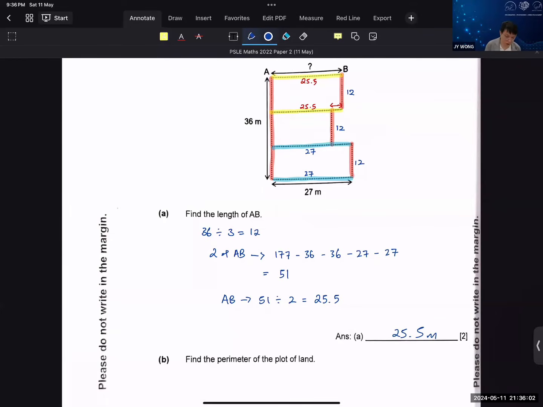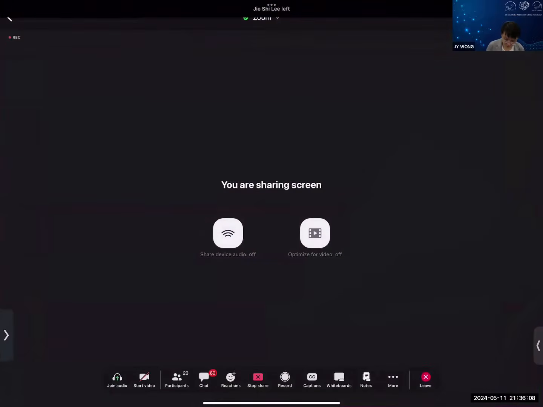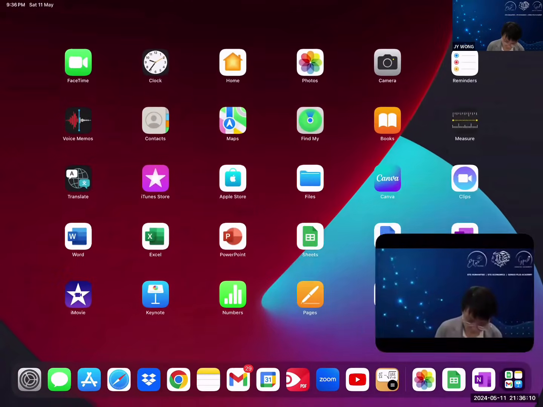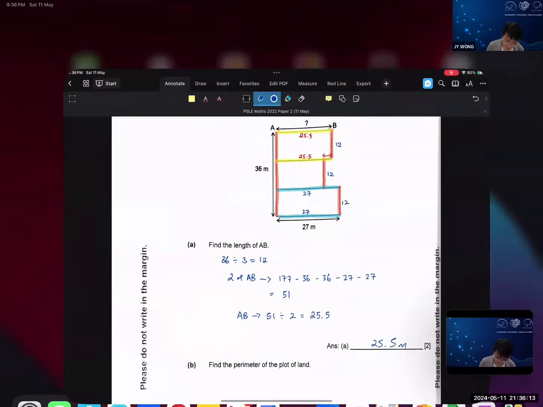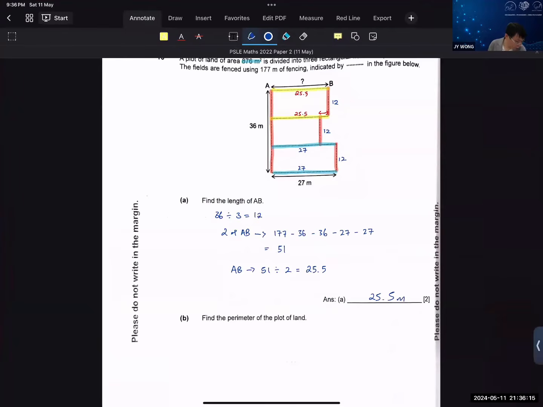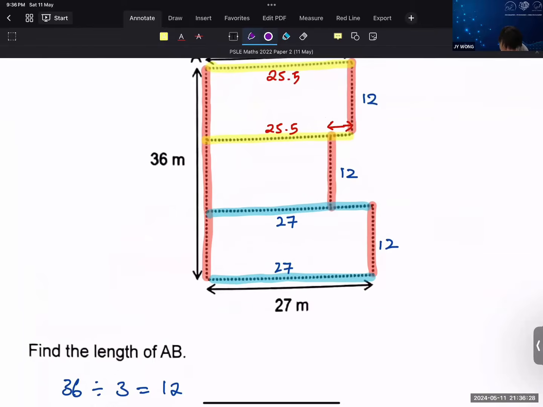You have the 36, you have the 36. Okay, you have the 25.5. What is the part that you cannot find? You need to go and find this. You need to find this. This is the part that you don't have.